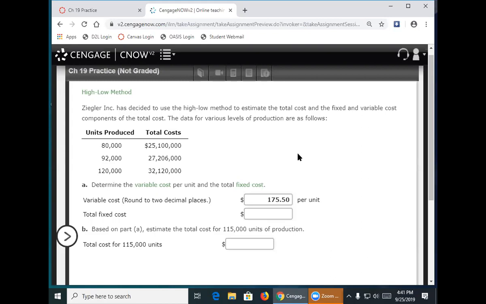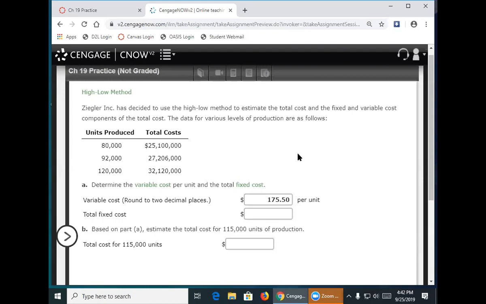I'm going to use the low level, the 80,000 units and the total cost of 25,100,000. We could use the high level of activity, but I'm just picking the low. Total cost equals fixed plus variable unit times units.